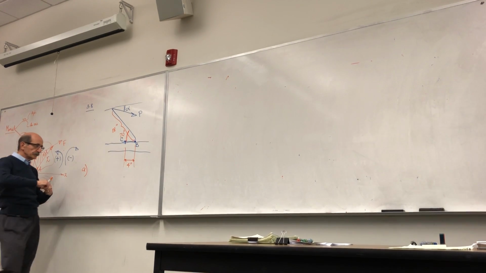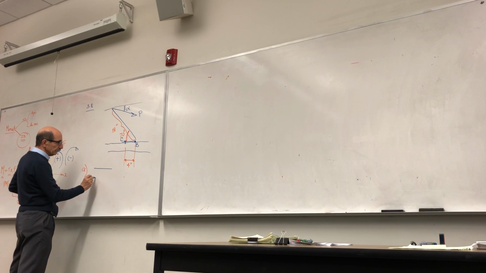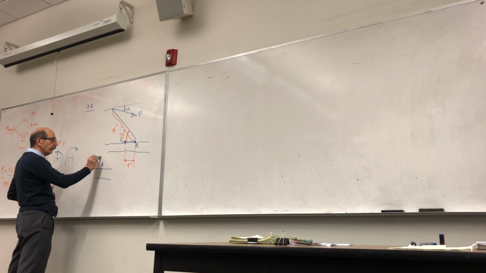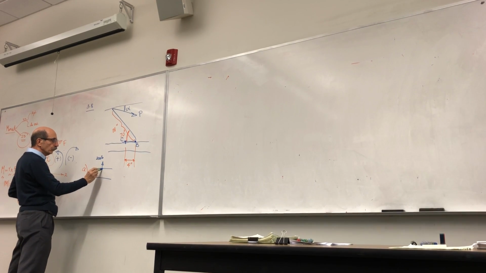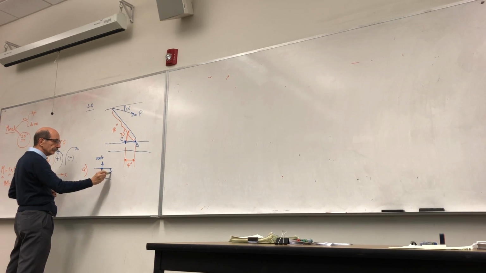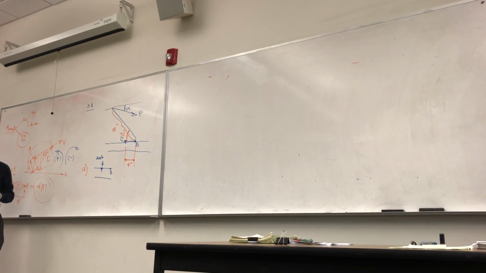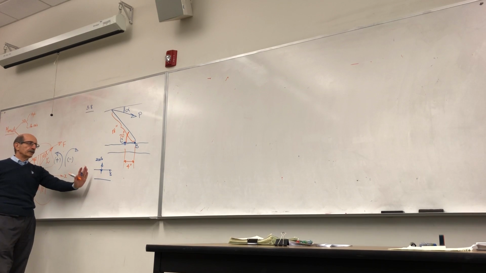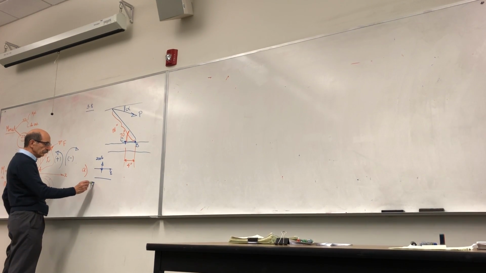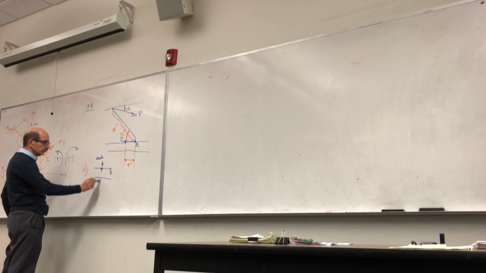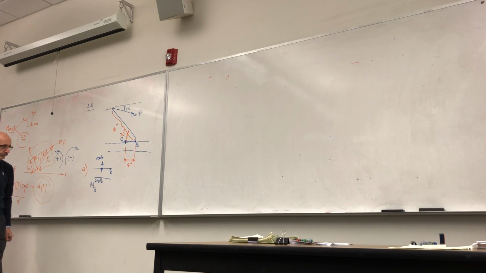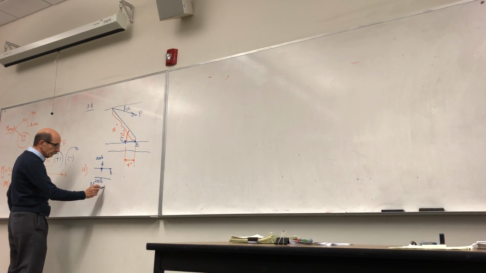So in other words, in part A, the problem states that a force of 200 pounds is required to pull this nail out, okay? And the problem is asking, what is the moment that this force of 200 generates about point B? So this is basically part A. What is the moment of this 200 pounds about point B? Okay.